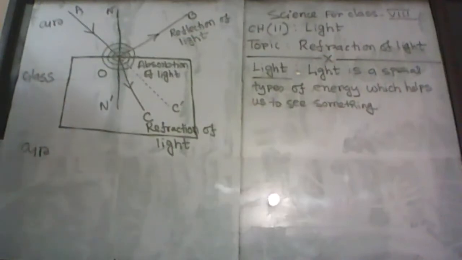The transparent medium can absorb a minimum part of light, but the opaque medium, the dull surface, can absorb more part of light. And black bodies can absorb around 100% of the ray of light. So absorption quality depends on the type of medium.